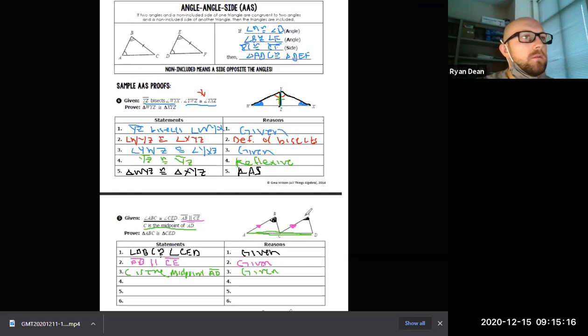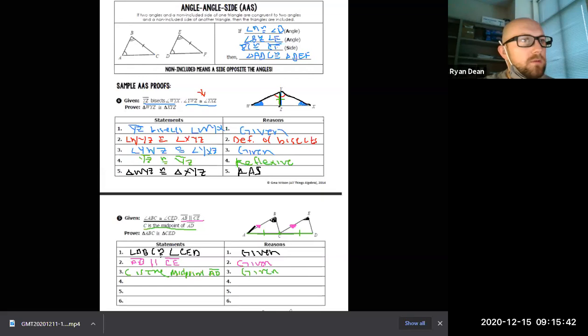Here's AD. That's pretty bad. Let's try again. Here we go, AD. C is the midpoint, so here's C. That means that I have two congruent segments on both sides of C, okay?